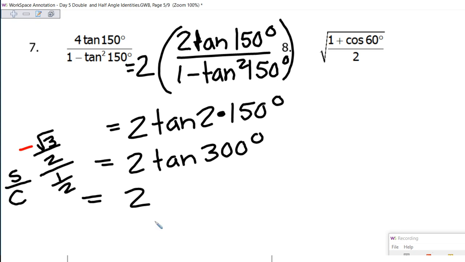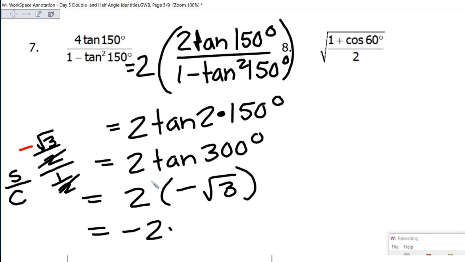So that means my tangent will be negative. And those 2's cancel. And so what's the tangent of 300 degrees? Negative square root of 3. Multiply those. 2 times negative square root of 3 is negative 2 square root of 3.